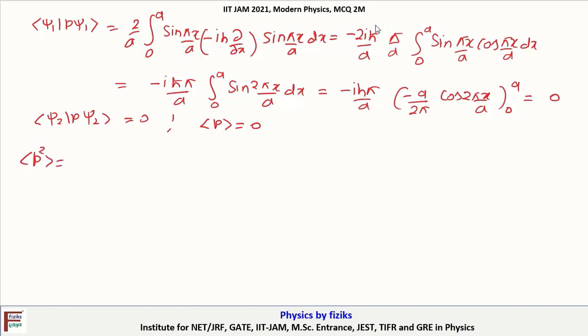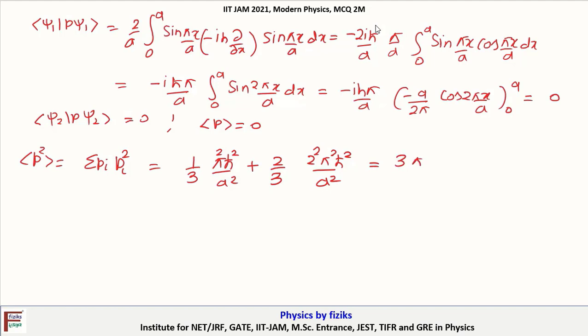Average p square is equal to the sum of probability into p square. Here the probability for the first term is 1 by 3 and momentum in this case is pi square h square by a square. Similarly, for the second term it is 2 by 3 into 2 square pi square h square by a square, which gives us 3 pi square h square by a square.